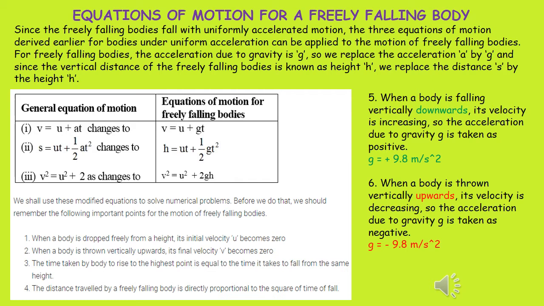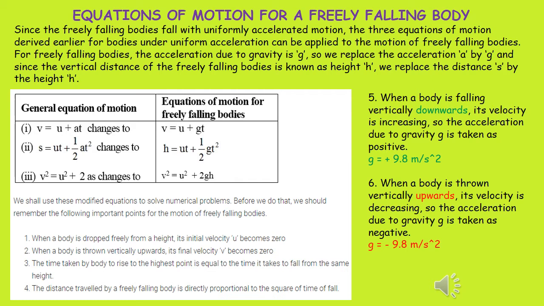Rest of the notations will remain the same. So the first equation will be v is equal to u plus gt instead of v is equal to u plus at. Second one, h is equal to ut plus half gt square. And the third one is v square is equal to u square plus 2gh. Here s is replaced by h.